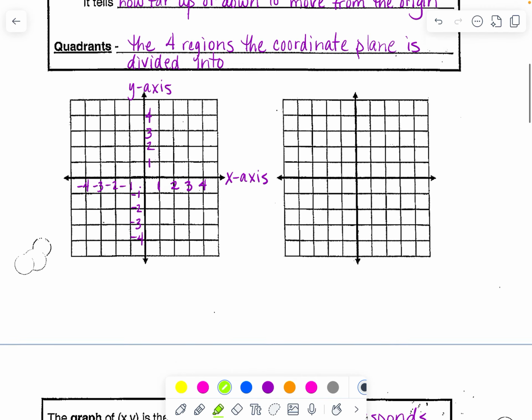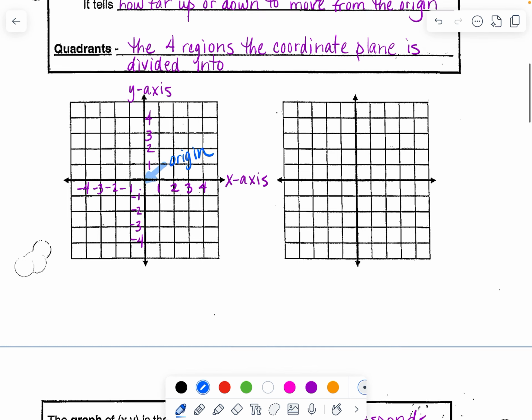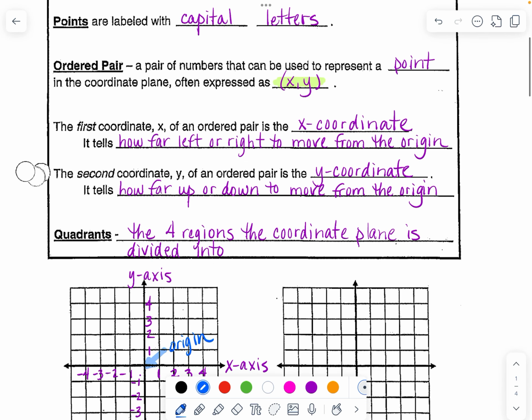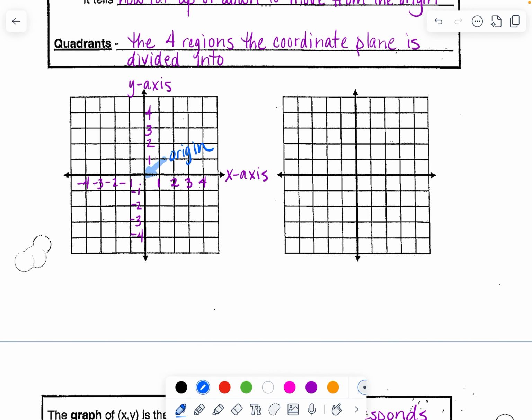So if we come back to this first coordinate plane that we have some numbers on, the origin is in the middle. It's basically where (0, 0) is happening. So right here, I could point to that. That is what we call our origin, right in the middle where everything is 0. Both the x value and the y value are 0. And if you move left of the origin, you would be in the negative region.